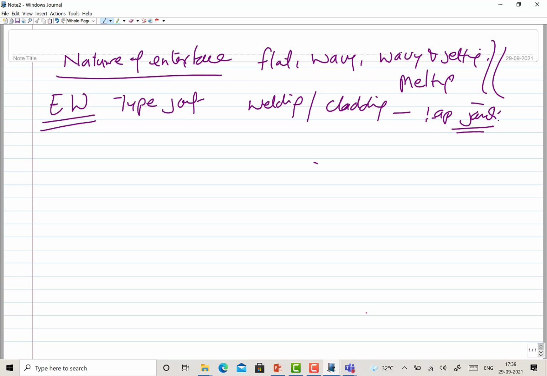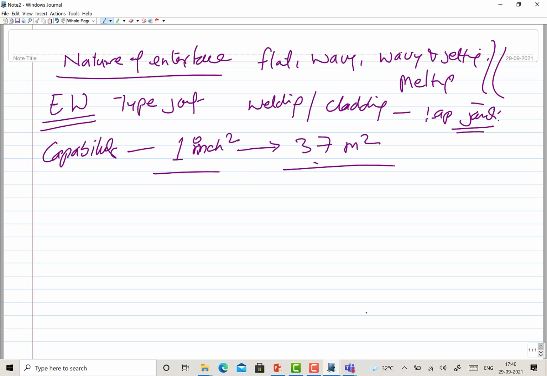What about the capability point of view? It can be used for developing weld joint areas from 1 square inch to 37 square meters. In one go you can develop joints or claddings from a very small area of 1 square inch to 37 square meters.